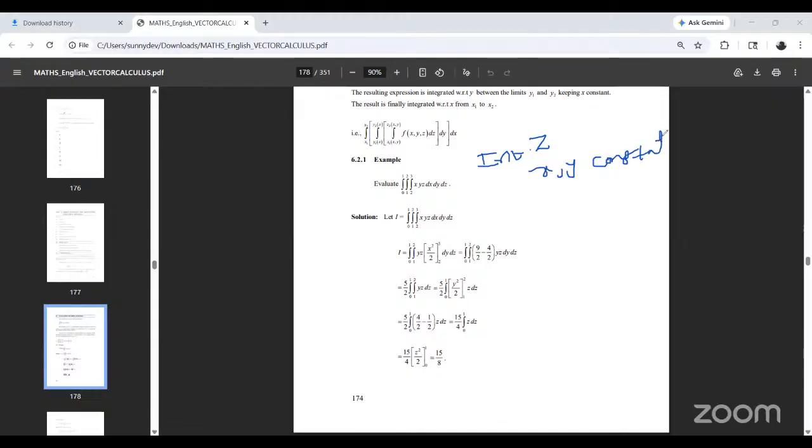When you are doing the integration with y, then x comma z are constant. Next, when you do the integration with x, then y comma z are constant.